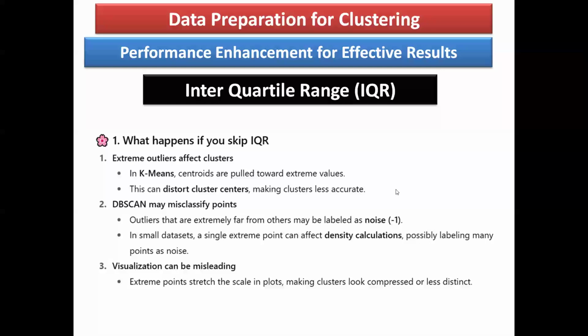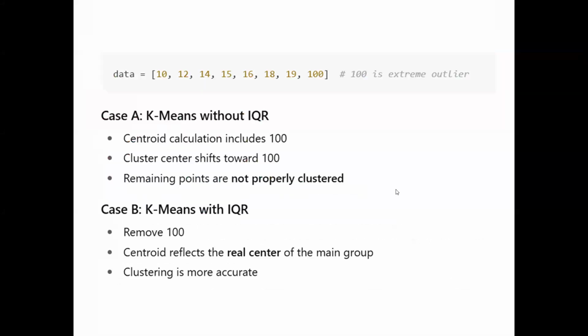But if we have big data, for example 1000 or 5000 records, it becomes very difficult to see outliers. So in IQR analysis, we check what is the outlier value and what is the extreme outlier.